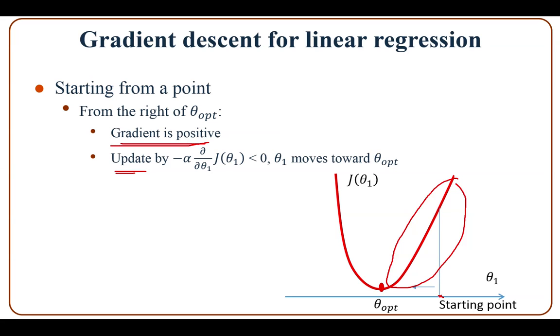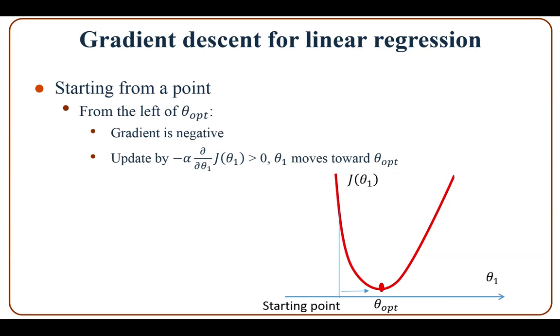So the update by negative alpha times the partial derivative of the cost function with respect to the parameter theta 1 is negative, and here we assume alpha, which is the learning rate, is positive. So this whole thing is negative, and from there we can see that theta 1 moves this way toward the optimal point, theta opt.